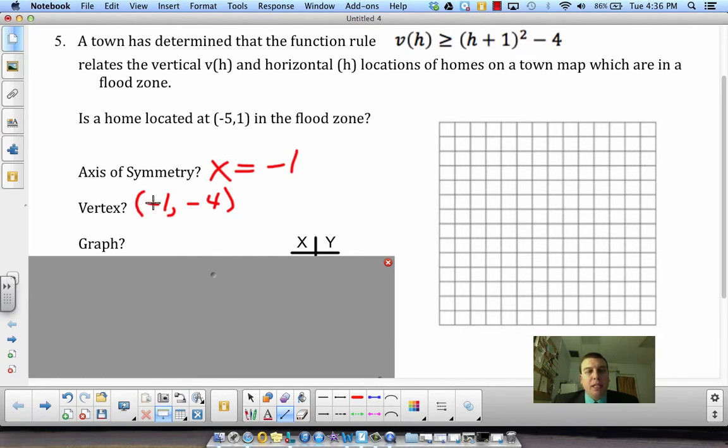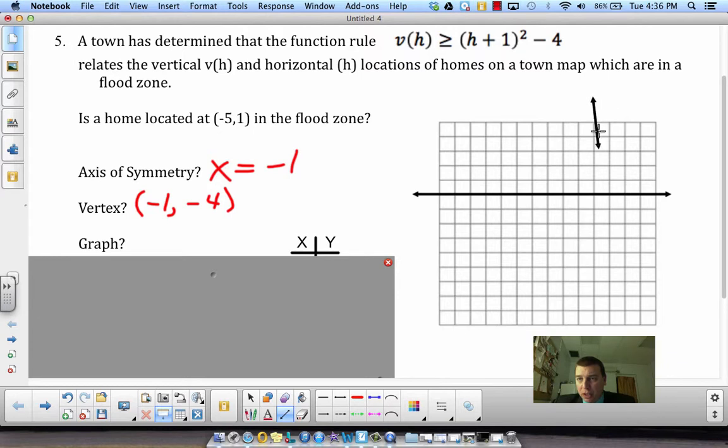Alright, so I've got to come up with my axes. Now, if I'm going to have my vertex at -1, -4, I know this thing's going to open upward. And I need to make sure I have -5, 1 somewhere here. So -5 is going to go this way, 1 up this way. I know I'm at -1, -4 for my vertex. So let's say here's one of the axes, and I've got to have a lot more negative that way.